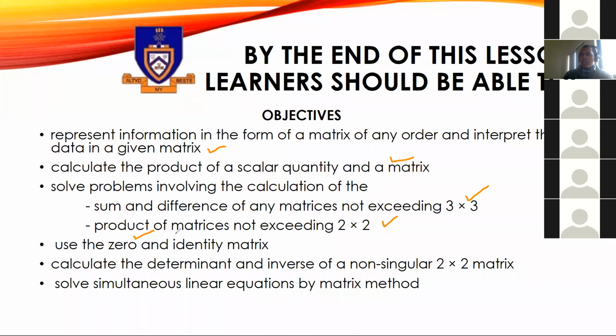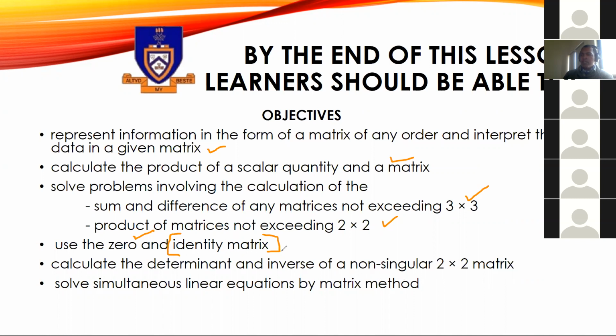Identity matrix, we haven't really touched on it so much because we want to explain it later on when we do the inverse of a matrix. But we have seen how an identity matrix looks like. And we said it's the one with the ones along the diagonals, the main diagonal.